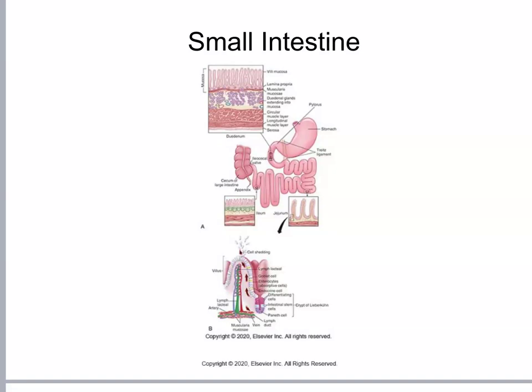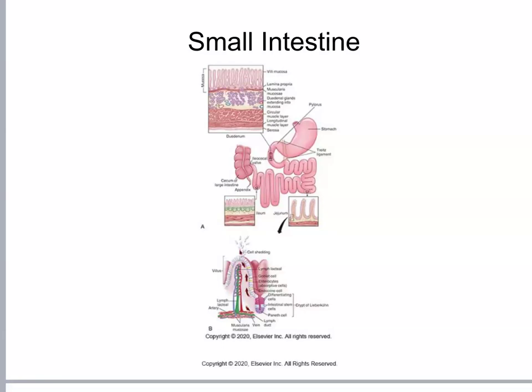Then we have the ileum, and this is the final and longest portion, about 3.5 meters, so about 8 or 9 feet roughly. It contains something called Peyer's patches, which is that immune tissue I was talking a little bit about, and it ends at the ileocecal valve.